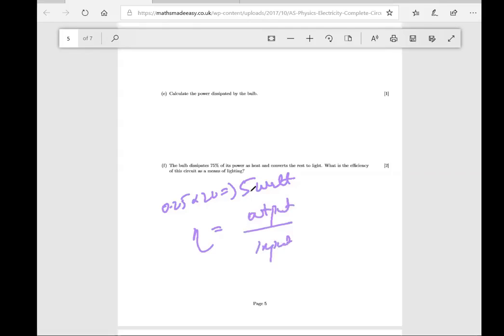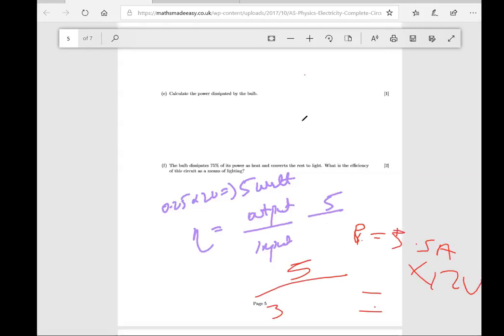So output is 5 watt instead of 20 watt. Then you need 3.5 amps times 12 volts, and then we have to do 5 divided by 3.5 times 12, times 100. So you will get 11.9%.